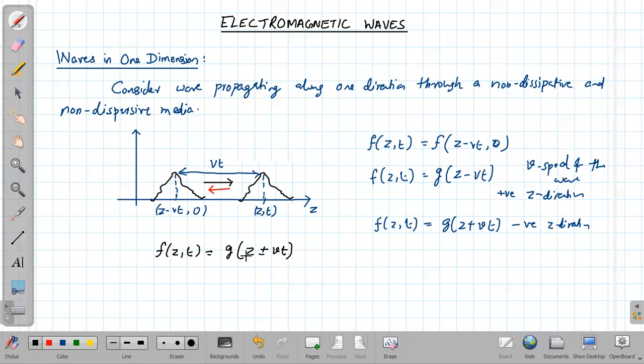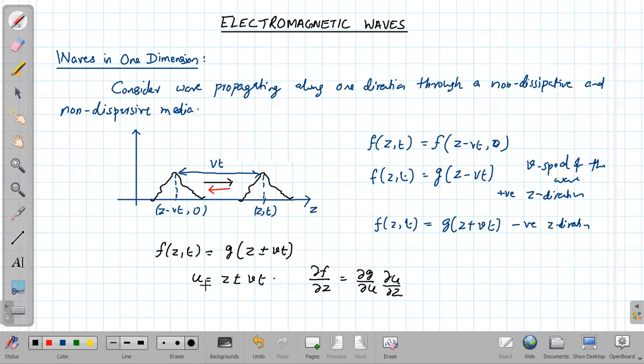Now, what would be the corresponding wave equation? What we can do is just put u as z plus or minus vt. Then first find dou f by dou z. So dou f by dou z would be equal to dou g by dou u times dou u by dou z.